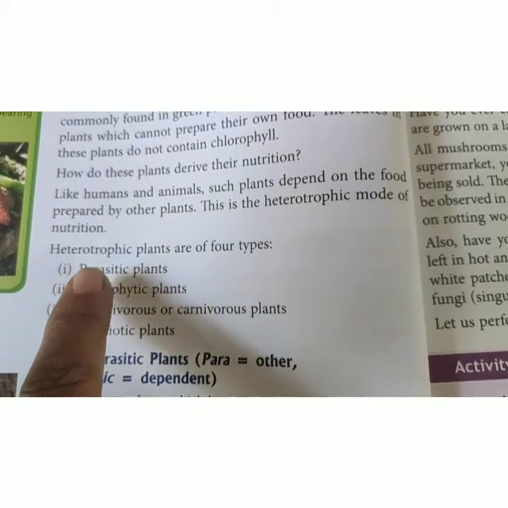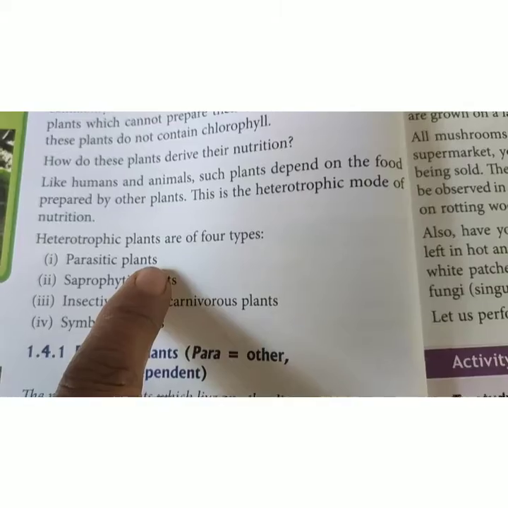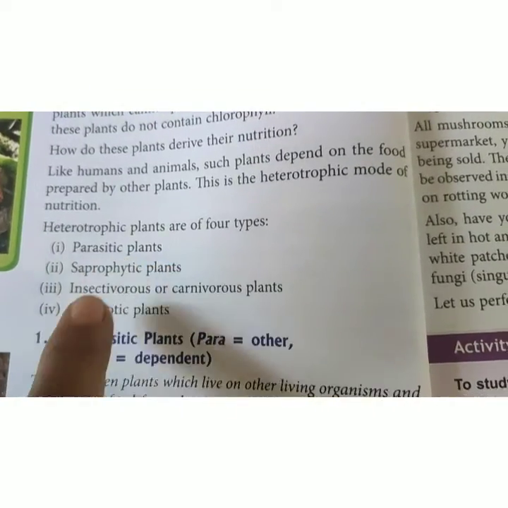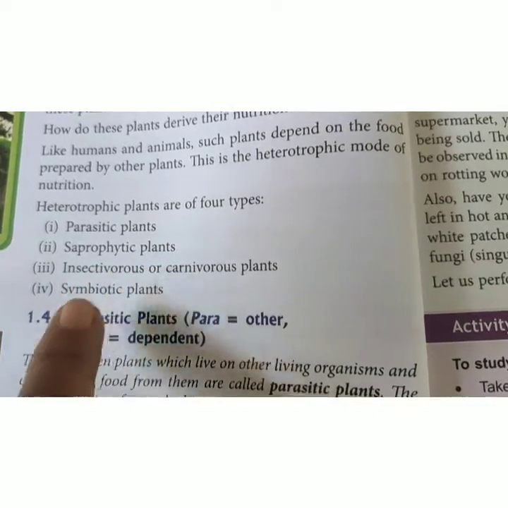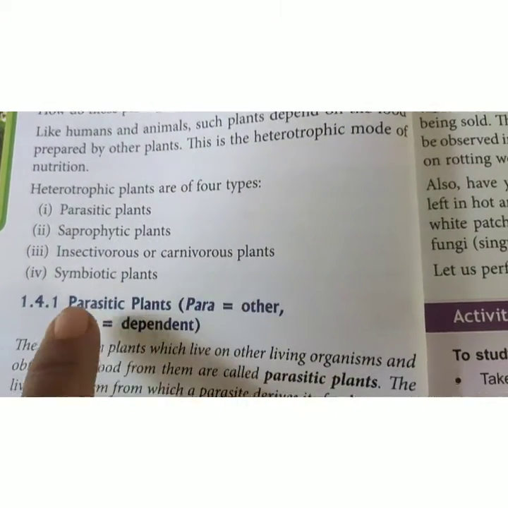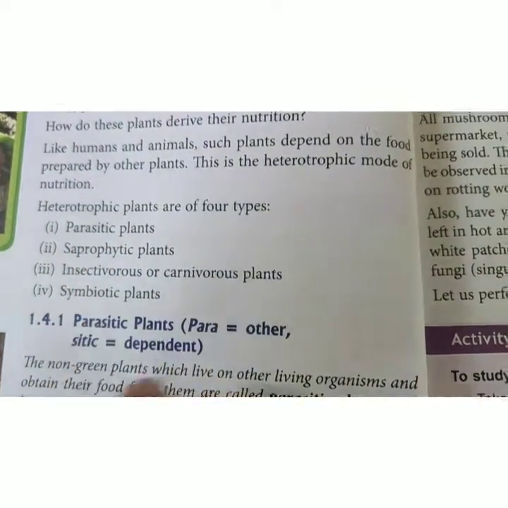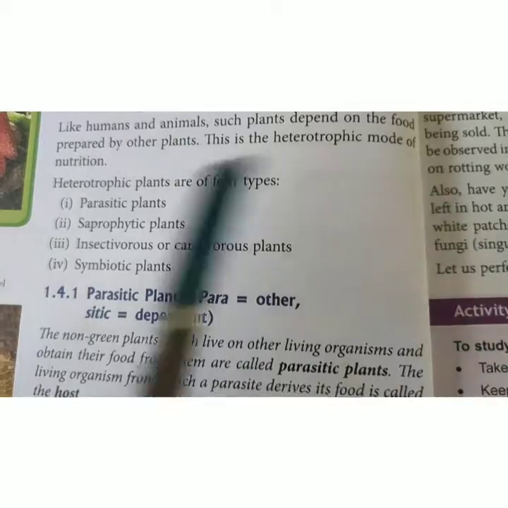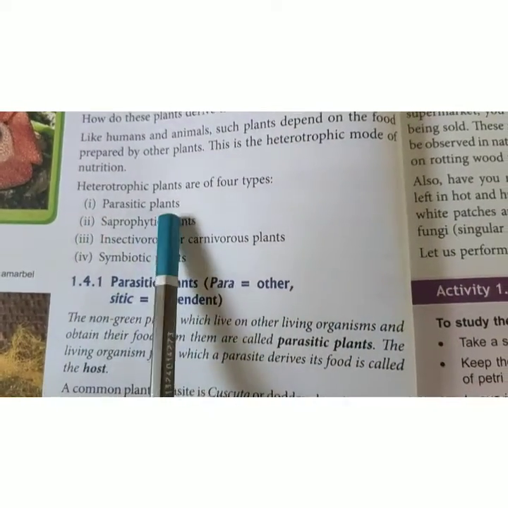We can divide the heterotrophic plants into 4 types. One is parasitic plants, one is saprophytic plants, then insectivorous or carnivorous plants, and symbiotic plants. So these are the 4 types under the heterotrophic plants. Now what do you mean by parasitic plants?